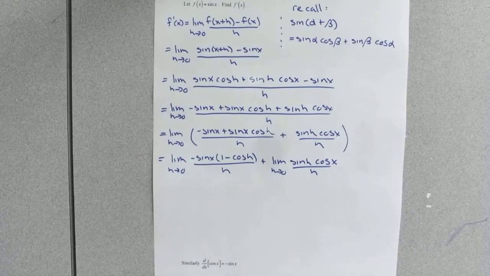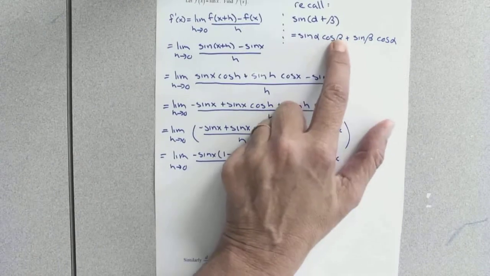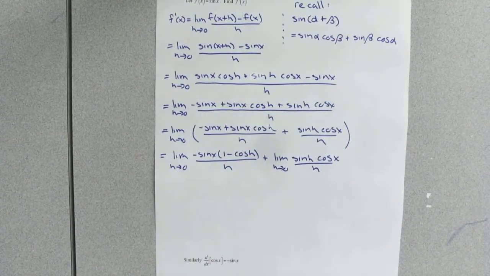Okay, so far, a little calculus to start us with the definition of the derivative, then a little trigonometry, and now just a bunch of algebra, and then a little bit of calculus that we could split up those limits. Then here's a little more algebra, calculus, whatever.